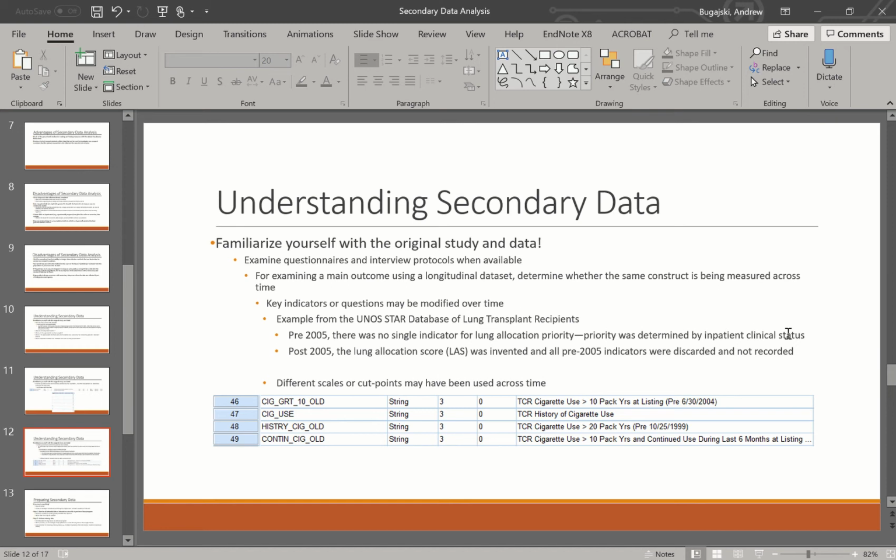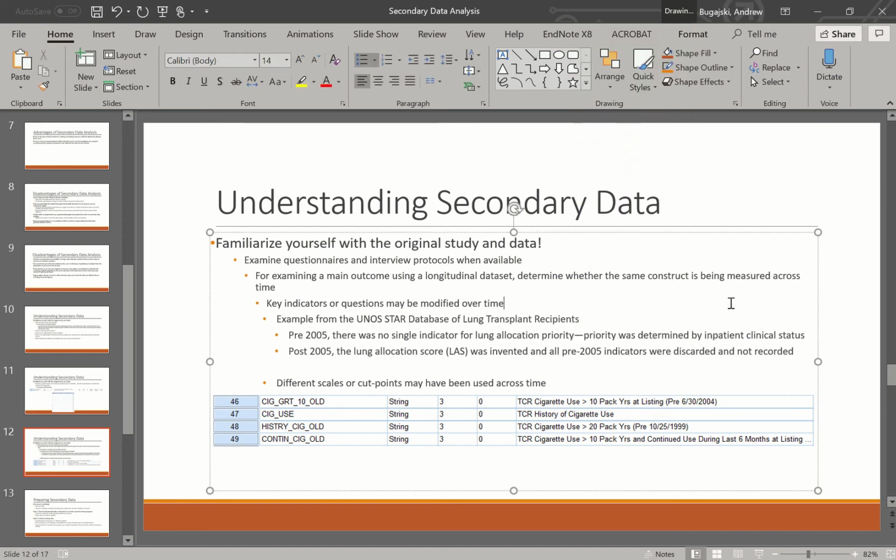So I'm trying to remember exactly what was on it. It's about 6 or 7 different things. So in this particular data set, I know, ignore this right now, just listen to my words. Pre-2005, they were looking at things like your diagnosis, your ABG values, your lung function values, and some hemodynamic indices based on the diagnosis that they had.